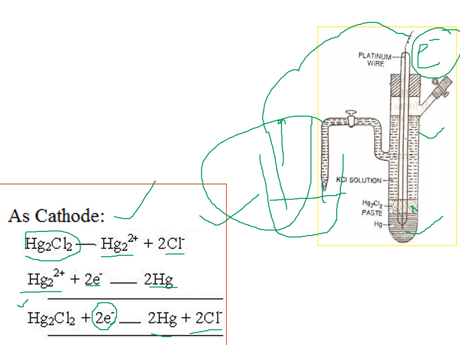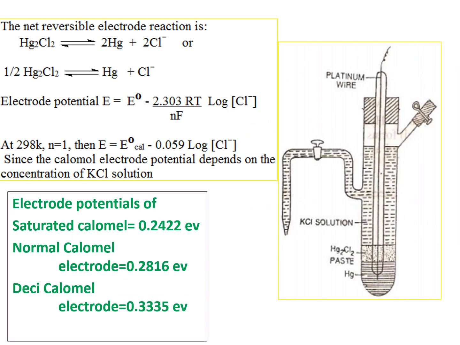So if you consider this reaction and apply the Nernst equation, you can write the electrode potential E equal to E naught minus 2.303 RT by nF into log of Cl minus ions. This is products by reactants. But the reactant Hg2Cl2 is a solid, that's why we are not considering its concentration. The mercury metal concentration is also 1, so there is no other concentration term, only Cl minus ion.